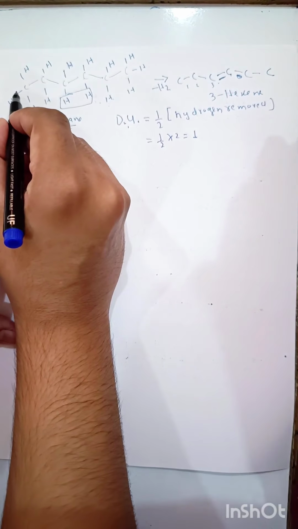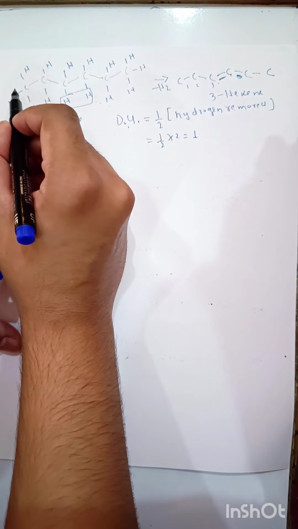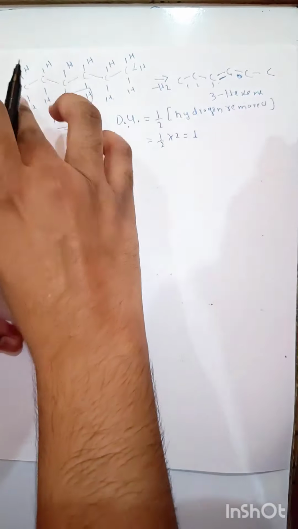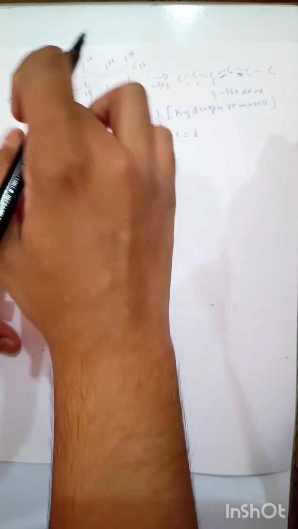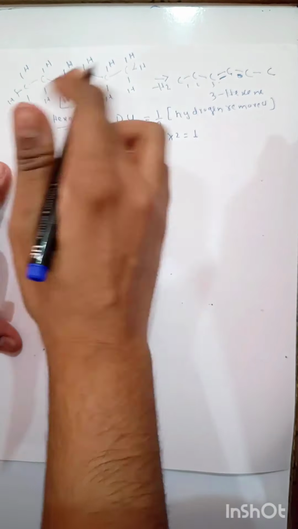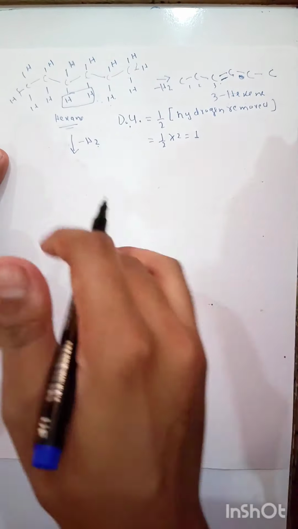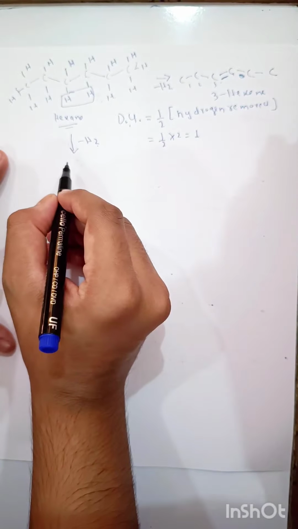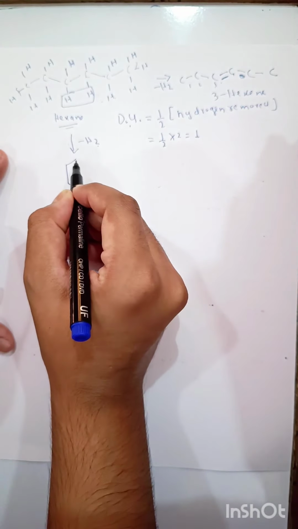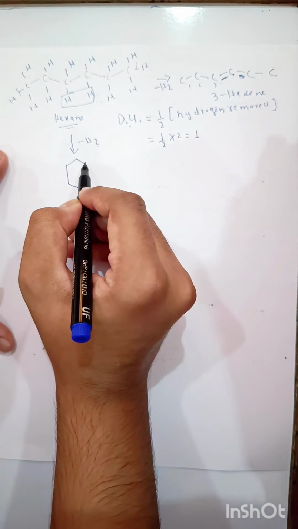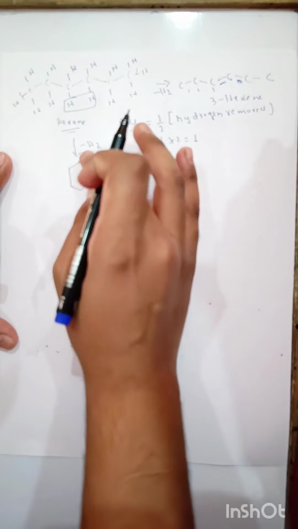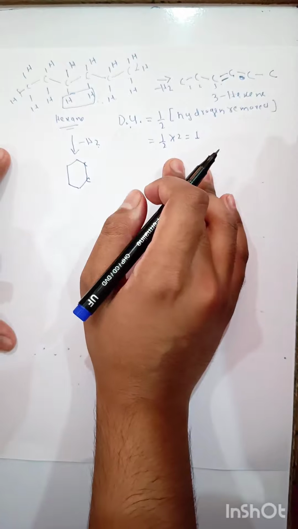Similarly, if I decide to remove the hydrogens from the ends and join these two carbons to form a ring, minus H2 once again. Now a 6-membered ring will be created between these two carbons. These are the end carbons, suppose, and they will form a bond like this.